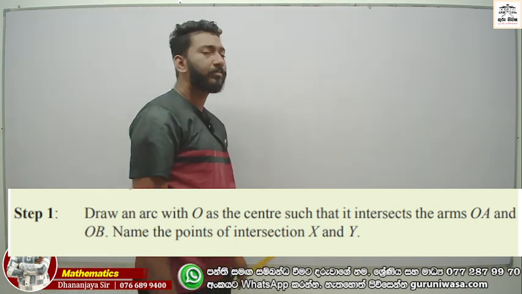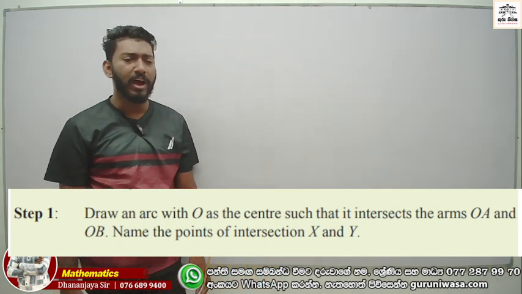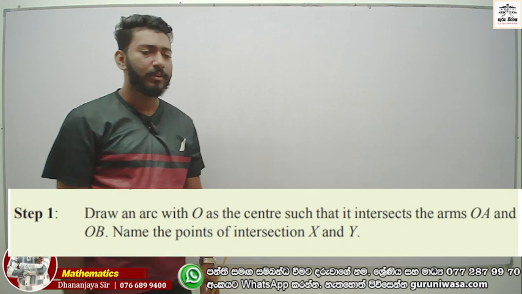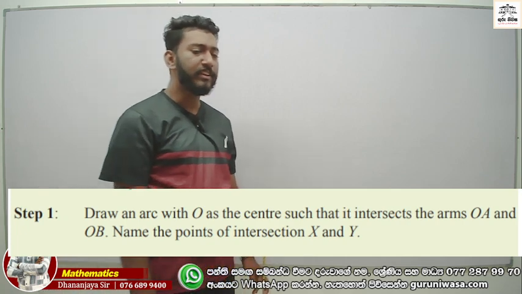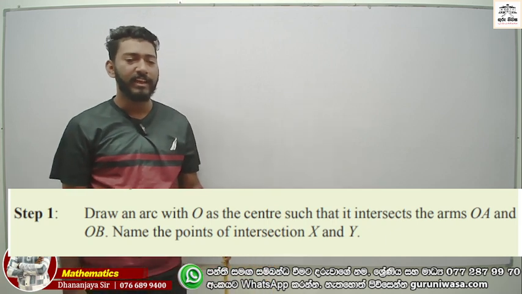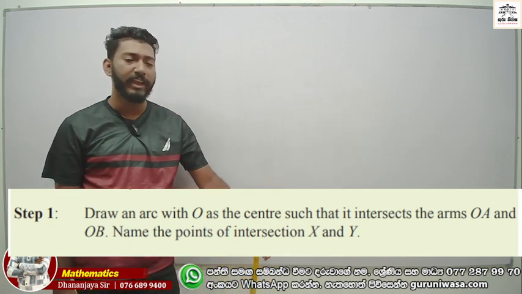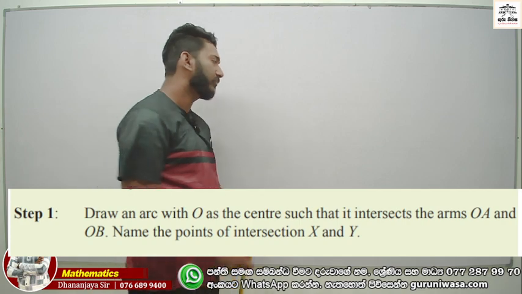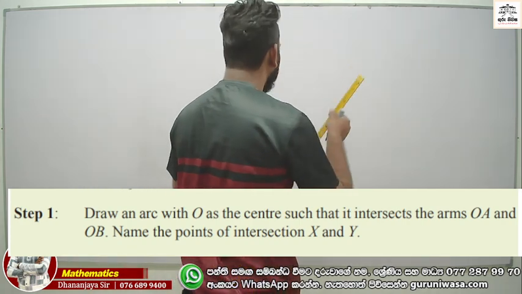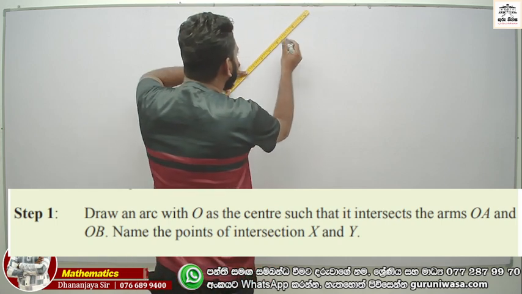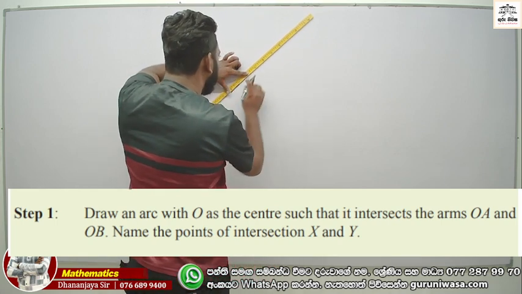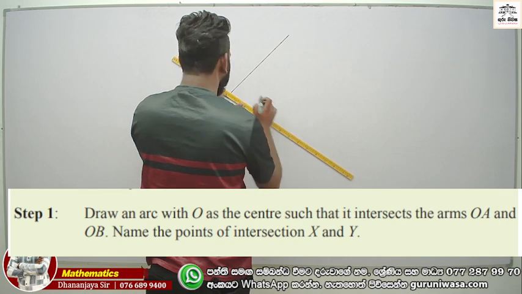Step number one, draw an arc with O as a center such that it intersects the arms OA and OB. Now listen. Now I'm going to write an acute angle AOB.